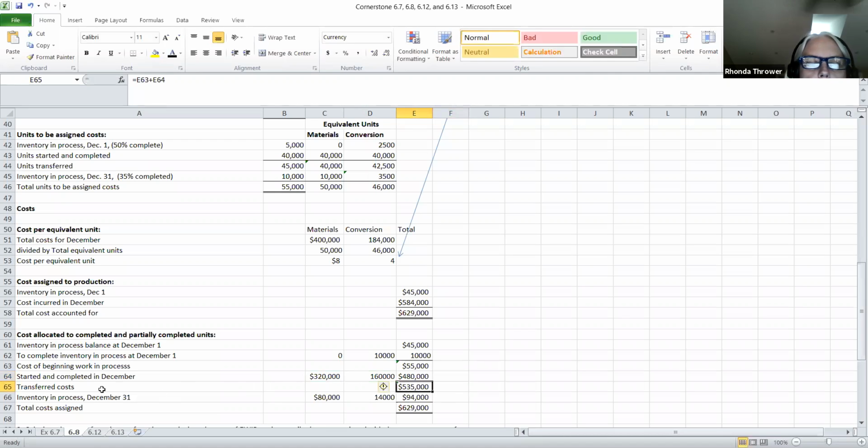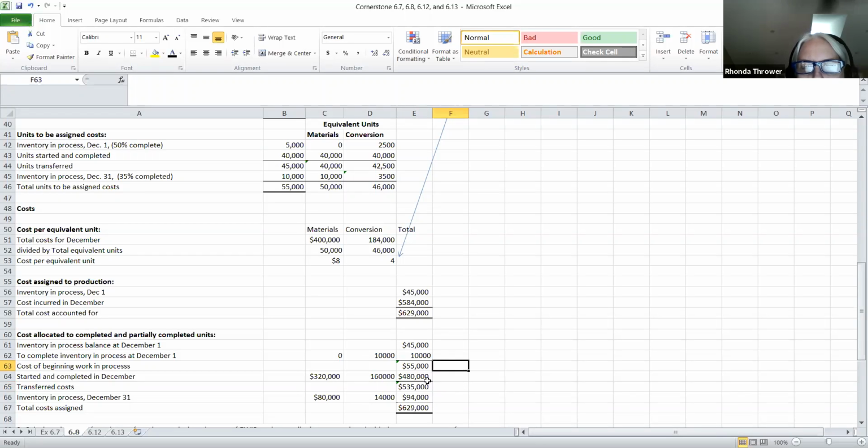And then we're going to figure out what our transferred costs are. Because remember, beginning inventory units plus what you started and completed gives you what you transferred. Now I'm just going to assign a cost to those transferred units. This was my beginning inventory cost total, 55,000.